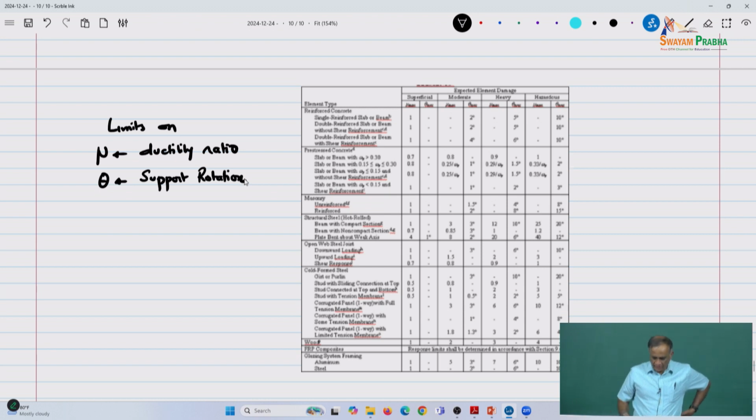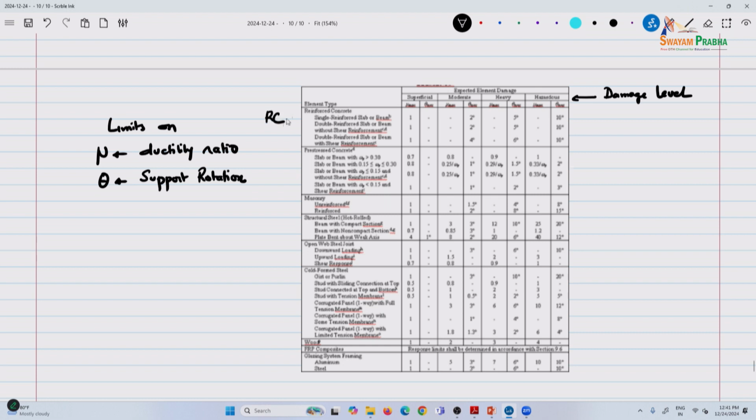This is the damage level, and this is RC, reinforced concrete. The first column is mu max and theta max.